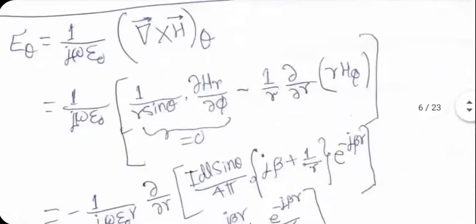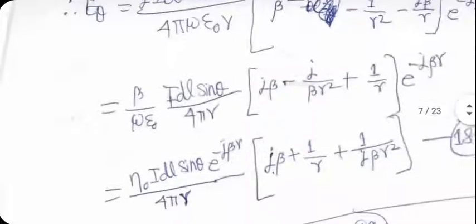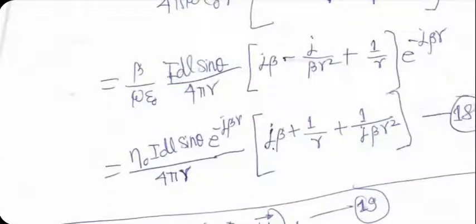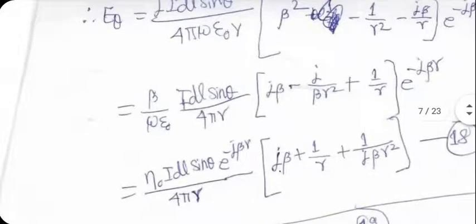How about E theta? Okay, if you take 1 upon R inside, you see 1 upon R, 1 upon R square, and 1 upon R cube, 3 terms. 1 upon R would survive even in the far field, but the other two will disappear. So E theta will remain non-zero even when you are sufficiently far away.